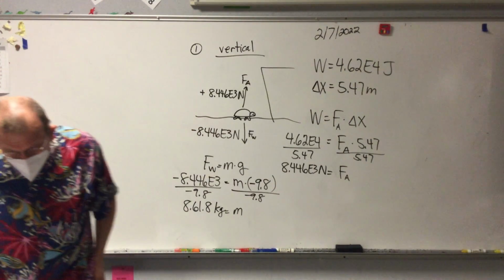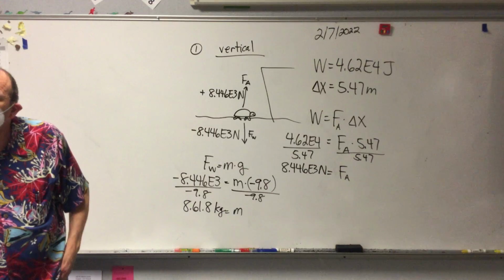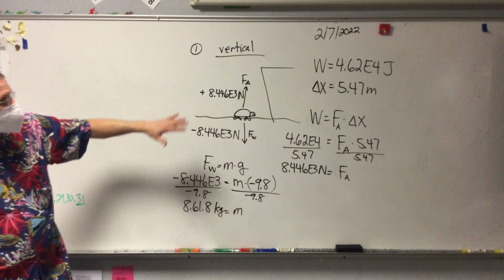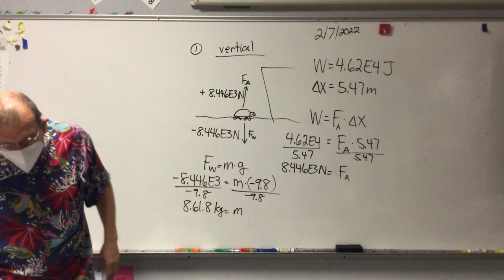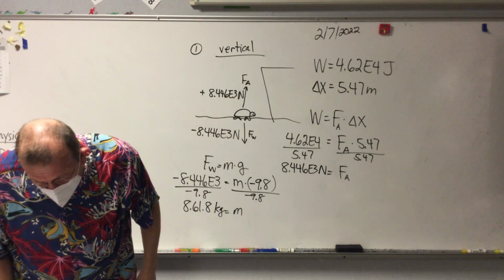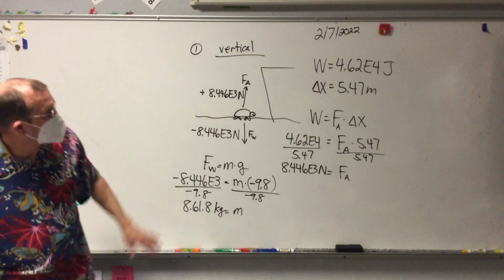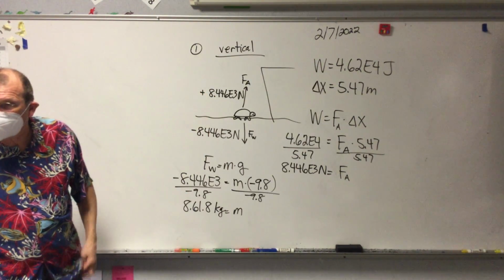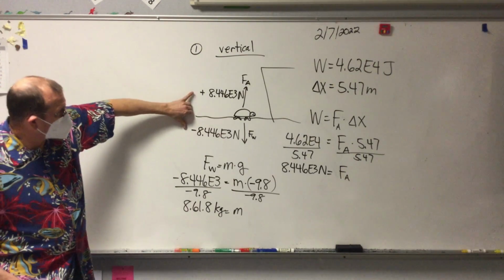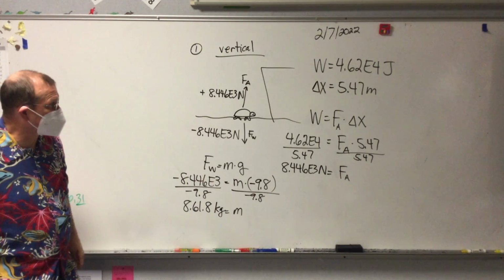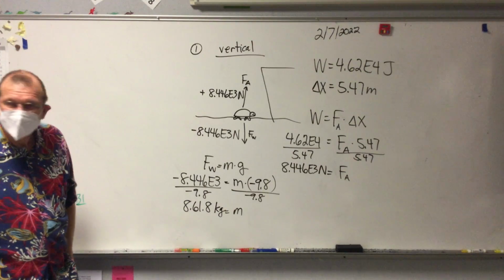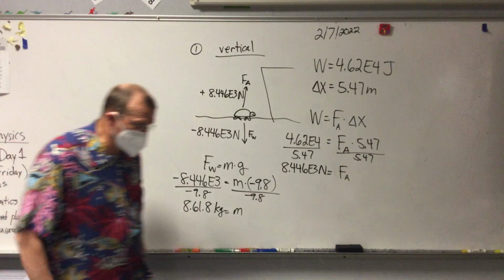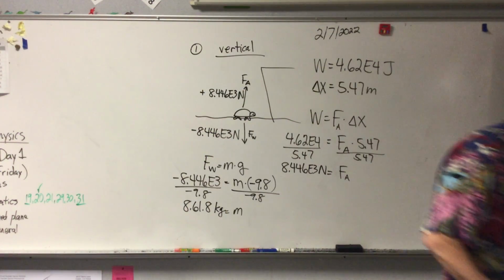It's a vertical problem, and it does mention constant velocity. So you could use the same principles that we did here about the FA and the FW being equal but opposite. See if you can work on that. Okay, so that'll be your one assignment for today.